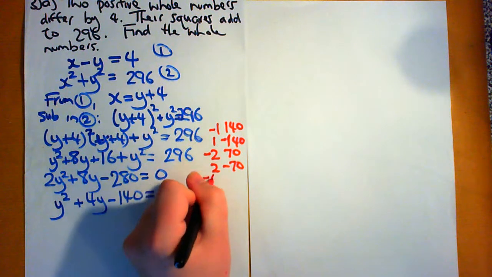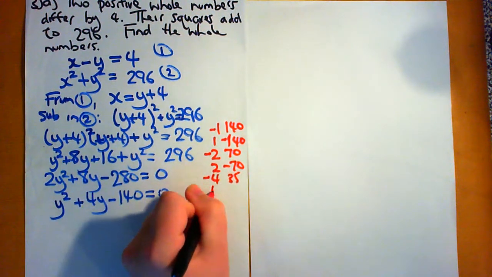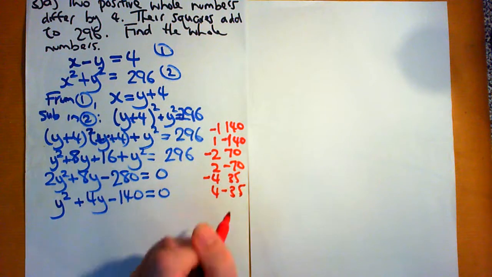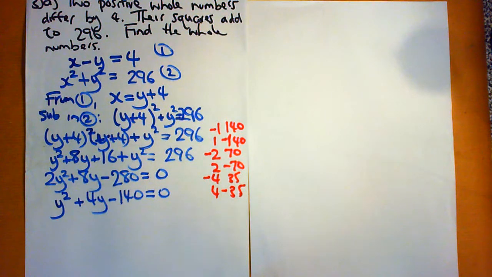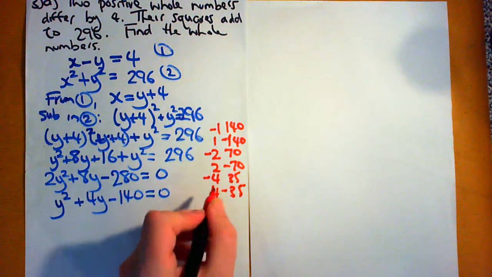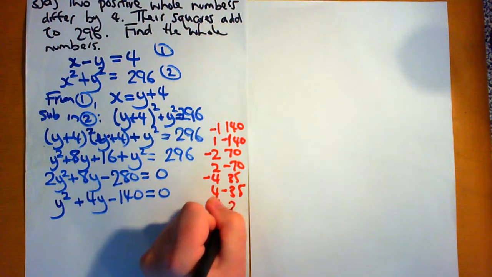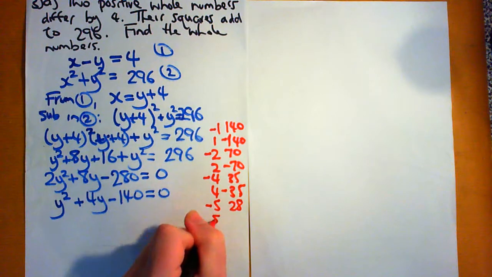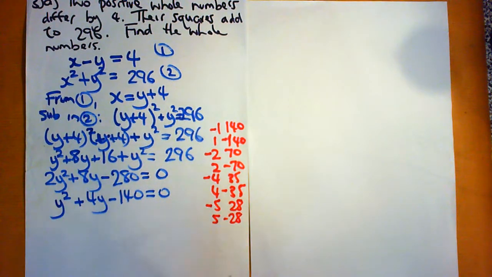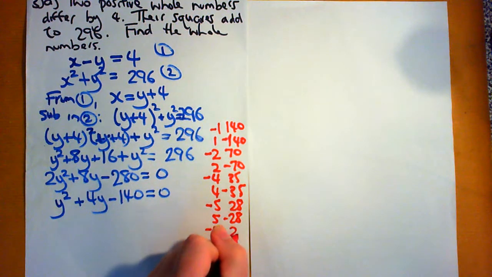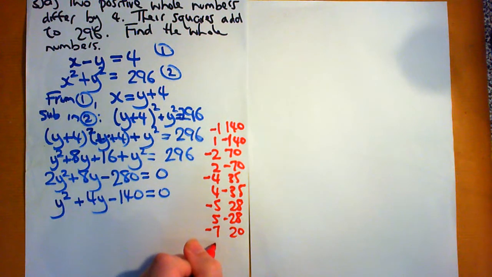It's 4 times 35. And 5 goes in. 140 divided by 5 is 28, so this will be negative 5 and 28, and 5 and negative 28. 6 doesn't go in, but 7 does. It's 7 times 20, or 7 times negative 20.